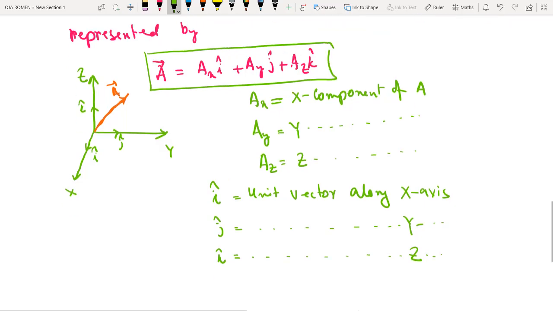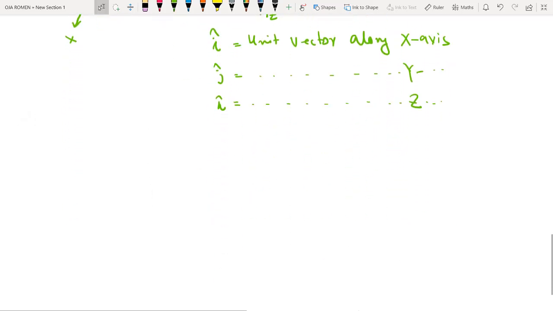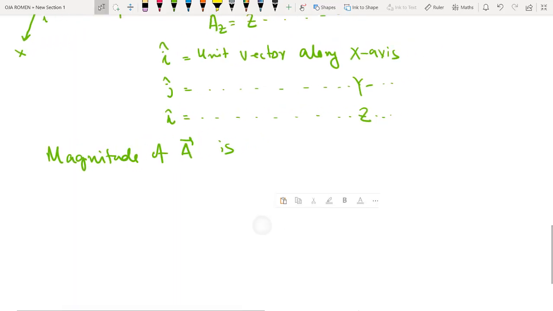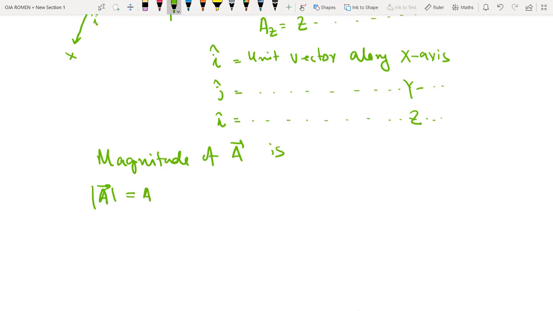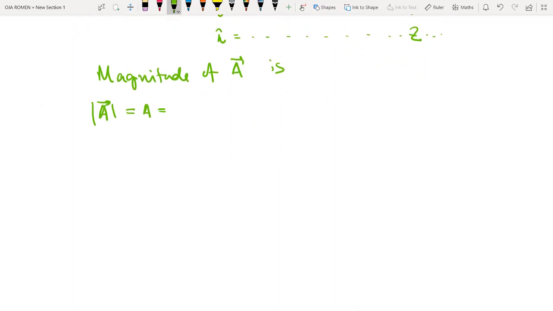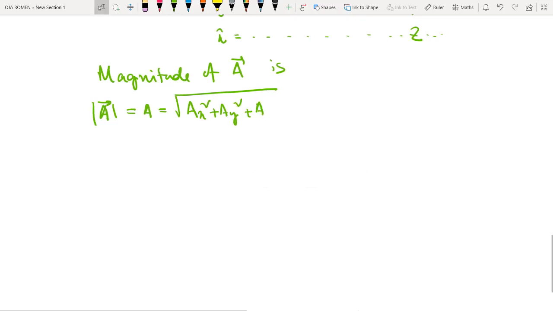Then what is the magnitude of A? So magnitude of A, we represent by modulus of A or simply A, and this is equal to the square root of the sum of the squares of the three components.